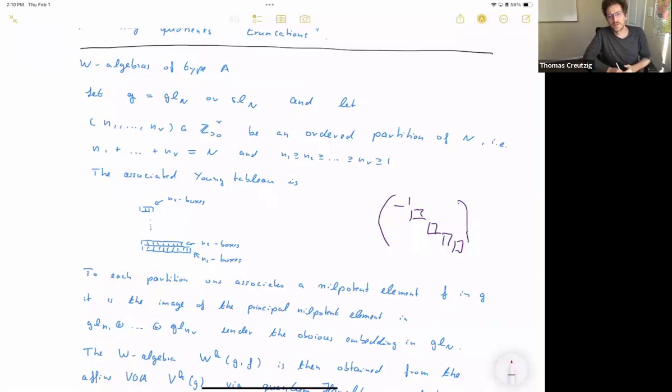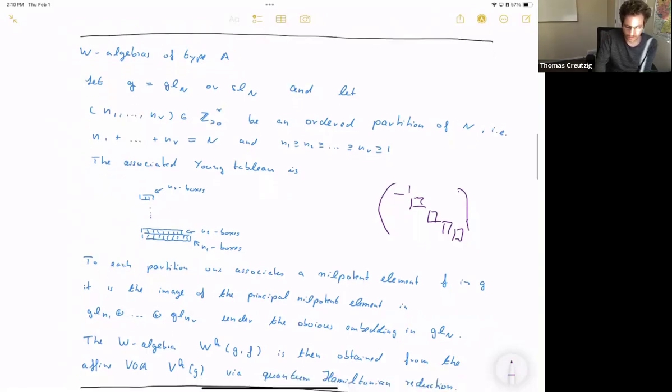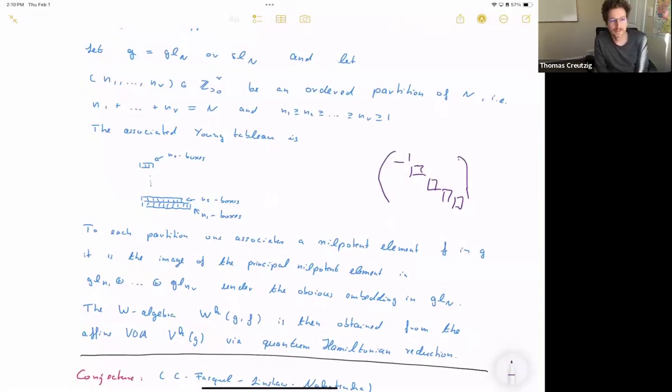In particular, the corresponding nilpotent element is just the image of the nilpotent element in the subalgebra under this embedding. And then you get a W algebra via quantum Hamiltonian reduction.